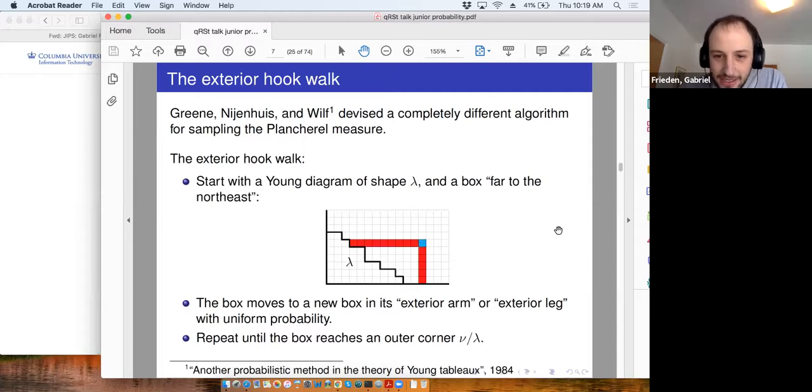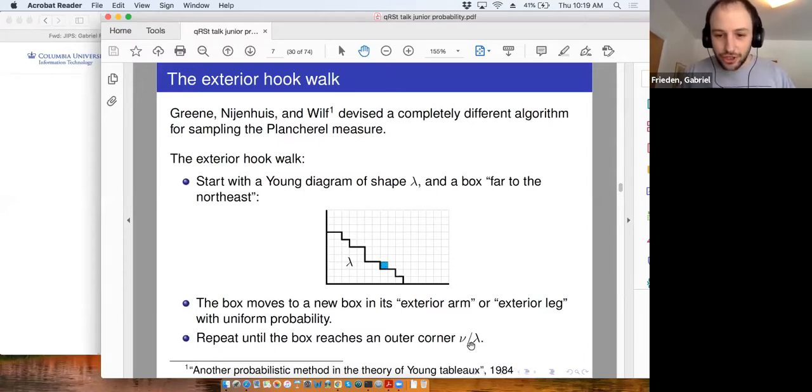And I just keep doing this until I can't do it anymore, which means that I've ended up in an outer corner of the partition. So I've ended up in a box whose addition to the partition produces a partition. I'm going to call this new partition with this extra box nu. So the outer corner is represented by the skew shape nu minus lambda. So I start with a box far away and I just do this procedure until I hit one of the outer corners.